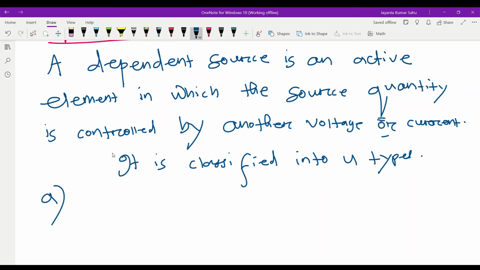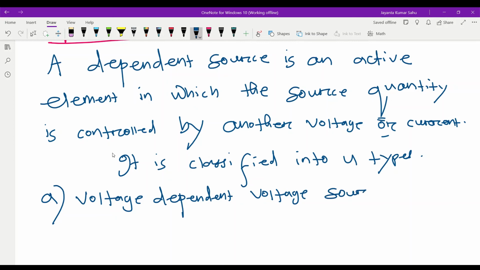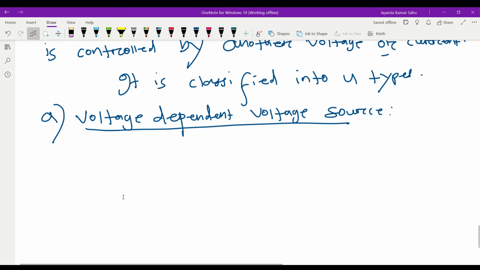First one is voltage dependent voltage source. Dependent source always represented by a diamond shape. It is also called as control sources.